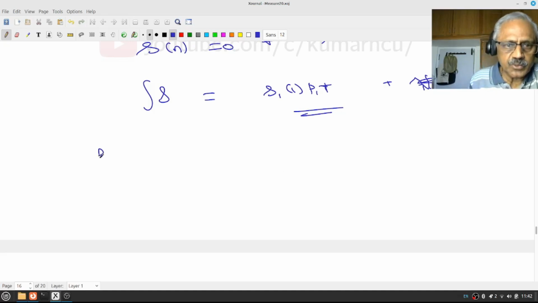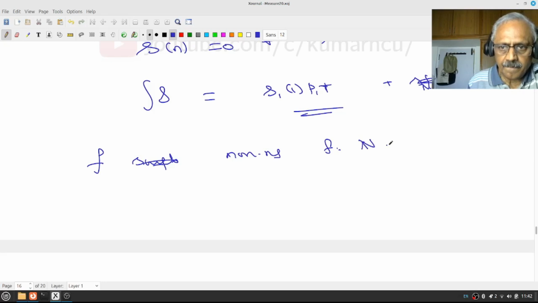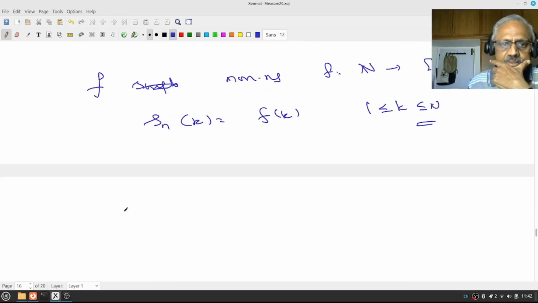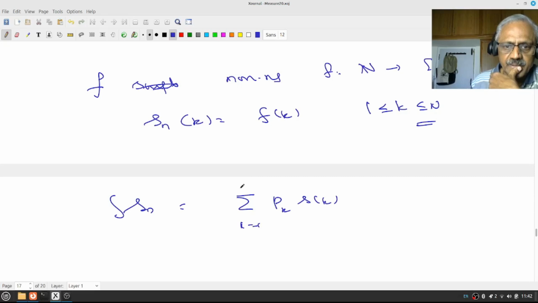Now suppose you give me an f, a non-negative measurable function. Then I can construct a simple function s_n with s_n(k) equal to f(k) for 1 less than or equal to k less than or equal to n. Therefore my integral of s_n is going to be the sum of p_k times s(k), k equal to 1 to n.